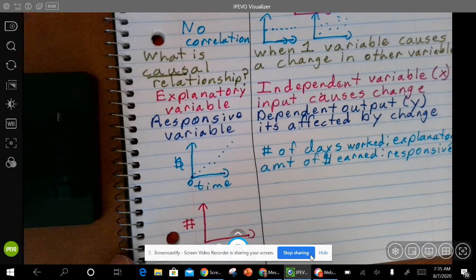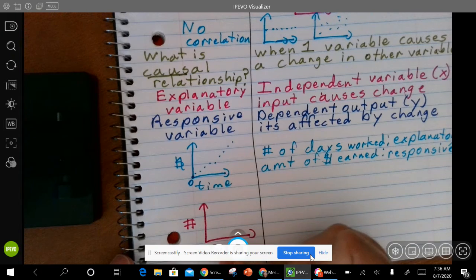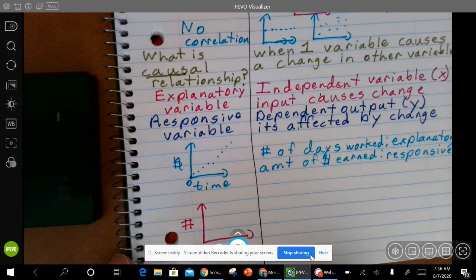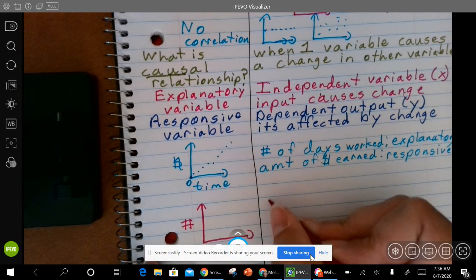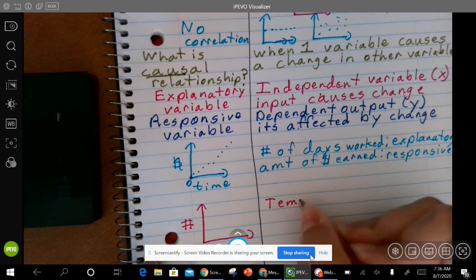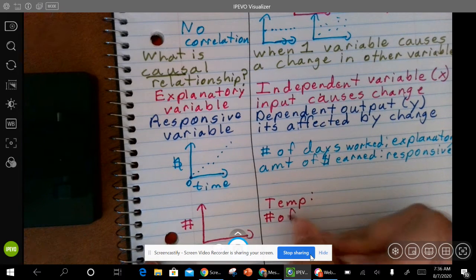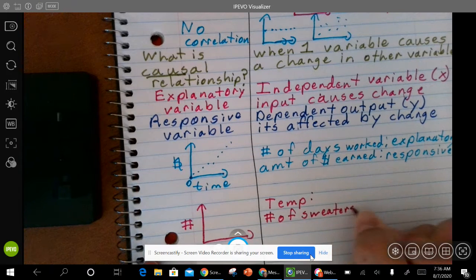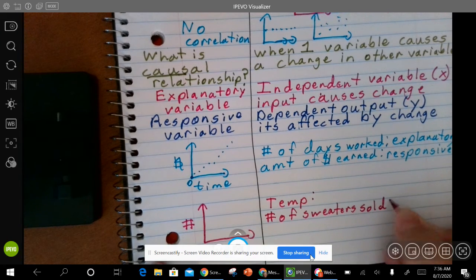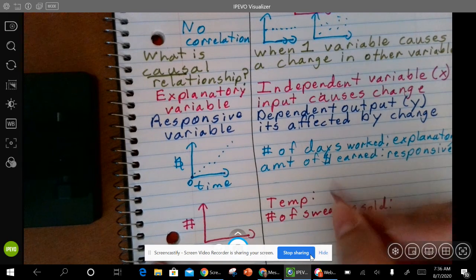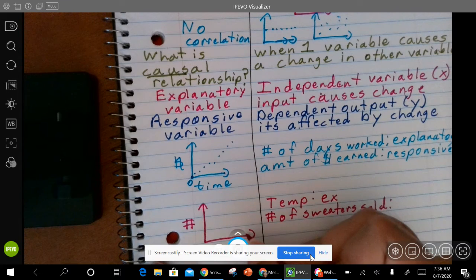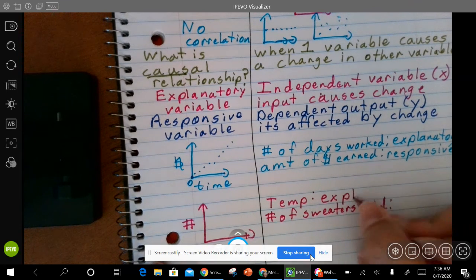Okay, so the other example is if we're looking at temperature, everybody. Think about here in Arizona. So we have temperature and the number of sweaters sold. So the temperature is going to be our explanatory variable. If you think about it, everybody, that's what's changing.